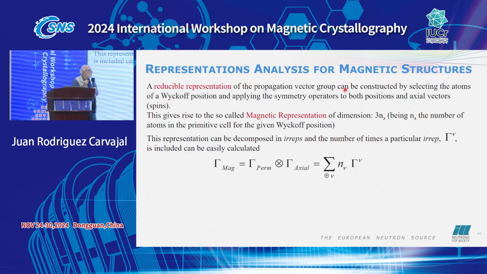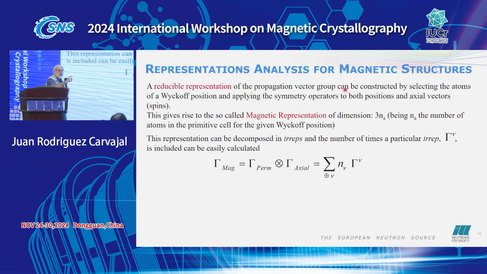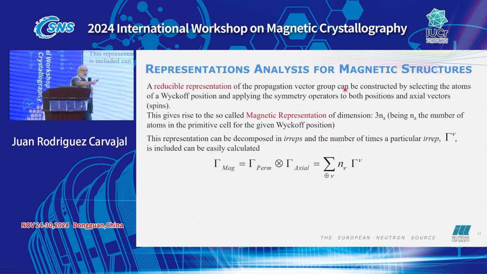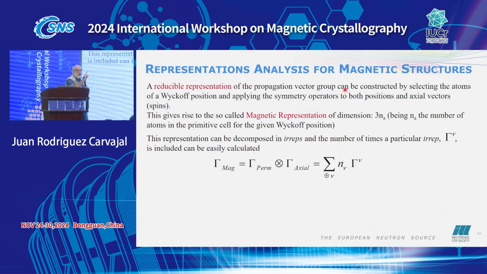And then when you apply a symmetry operator to a particular spin, in a particular site, you have to multiply by the rotational part of this operator, and multiply by the determinant also, because it's an axial vector. And you change the number. For example, you apply that to the atom number 1, you transform that to the atom number 3. Then you have some kind of permutation.